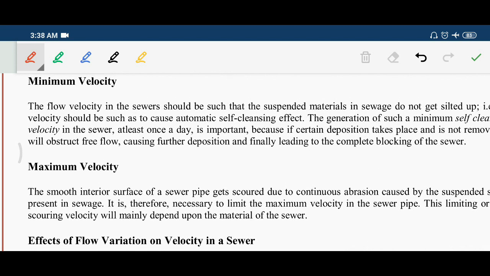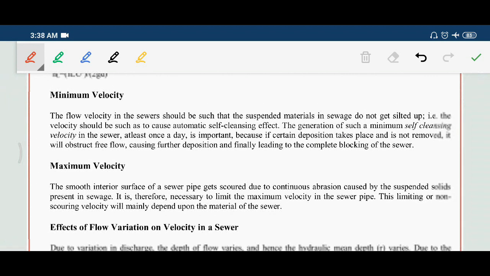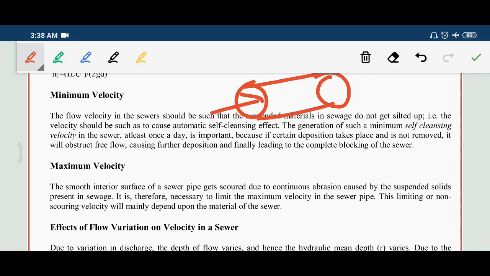For minimum velocity, we have to provide a minimum velocity of 0.45 meters per second, so that the sewer should not get silted up. What does it mean? If this is my pipe, my sewer, it should not get silted. That means accumulation of silt should not happen.